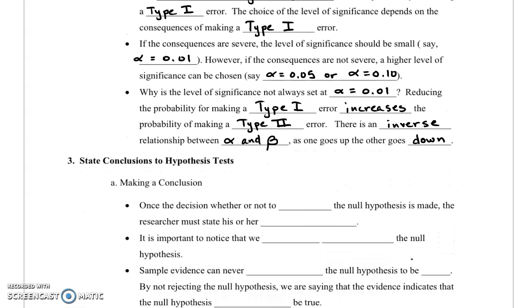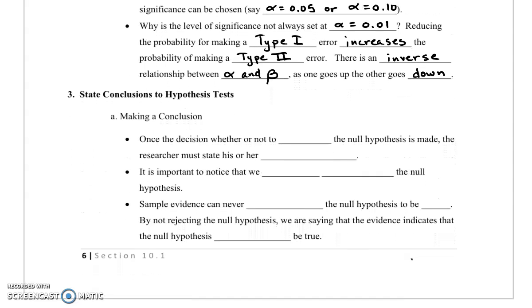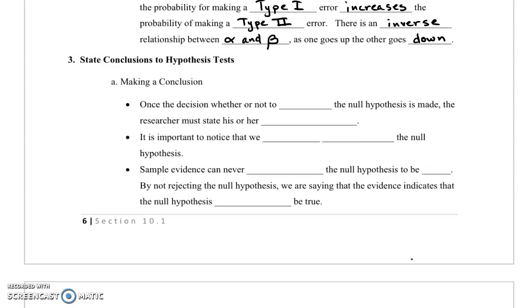So let's talk about stating the conclusions of our hypothesis tests. Once the decision of whether or not to reject the null hypothesis is made, we have to state our final conclusion. So it's important to know that we never accept the null hypothesis.